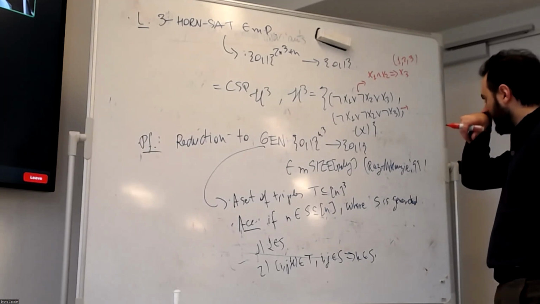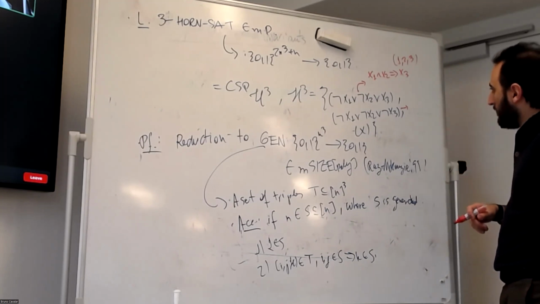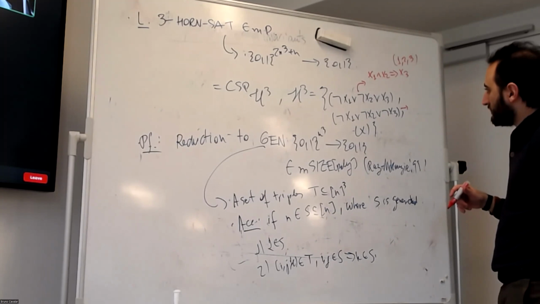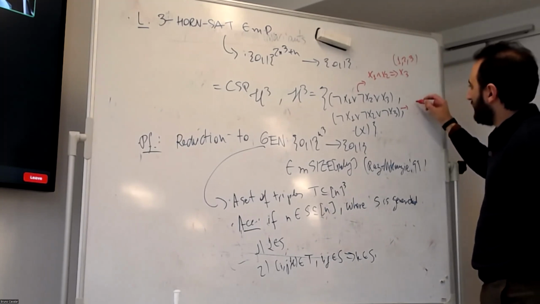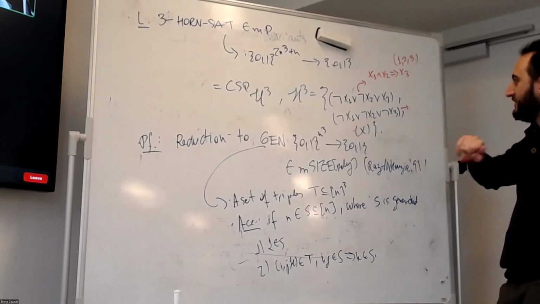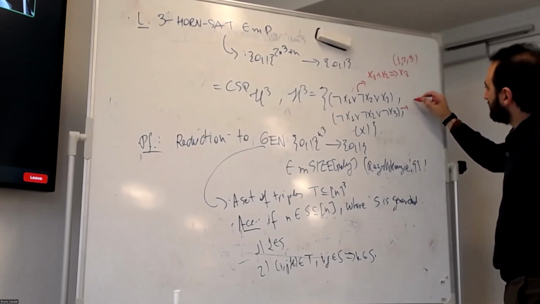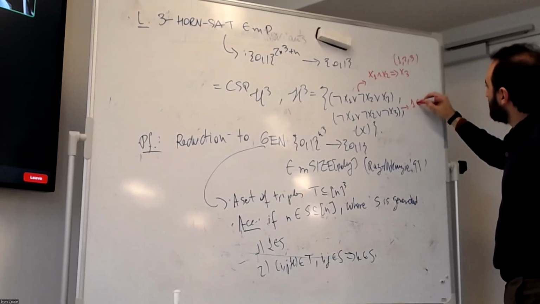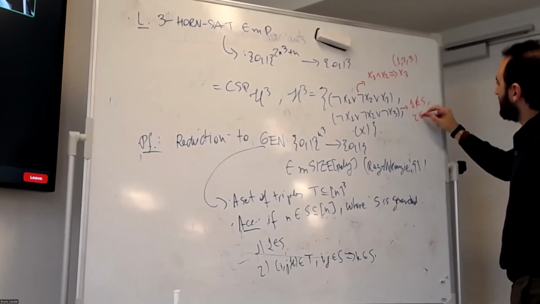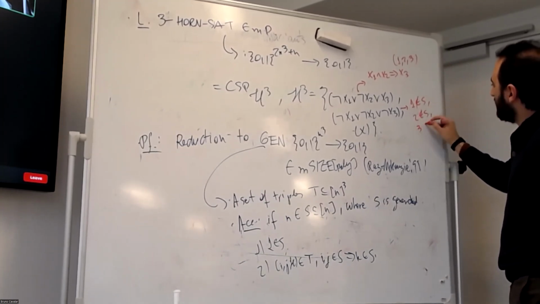Here you want to say that you can't have x1, x2 and x3 all in the set, so 1 is not in the set, 2 is not in the set, and 3 not in the set.